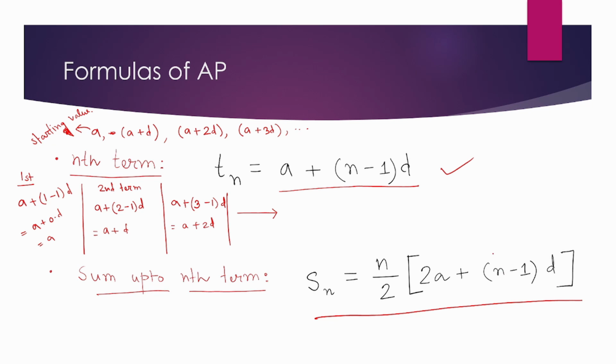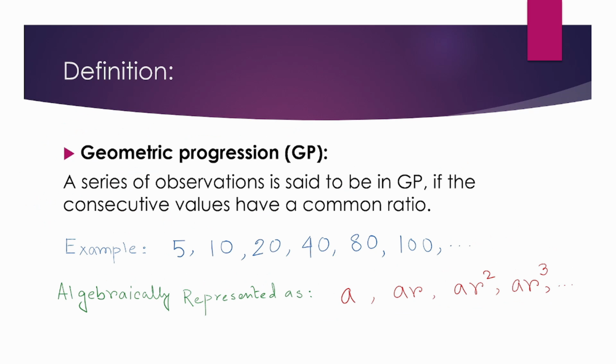The term up to which we want to take the summation, right? d is the common difference here, n is the term up to which we want to calculate that sum, and a is our initial or starting value, right? So this is the formula of AP series.